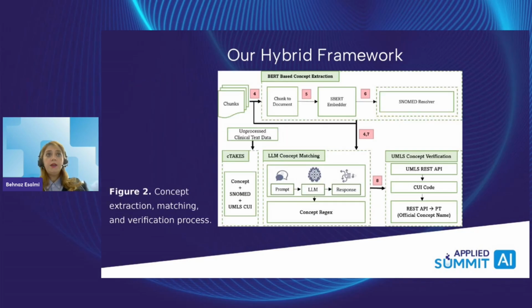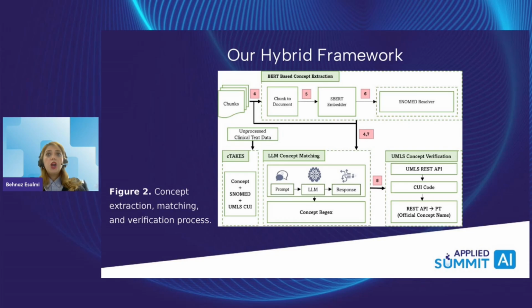And here, this is the complete hybrid framework. In our framework, Spark NLP extracts the named entity chunks. Each chunk is transformed into embeddings using sentence word. After that, those embeddings are matched to candidate terms in SNOMED CT using Spark NLP's resolvers.